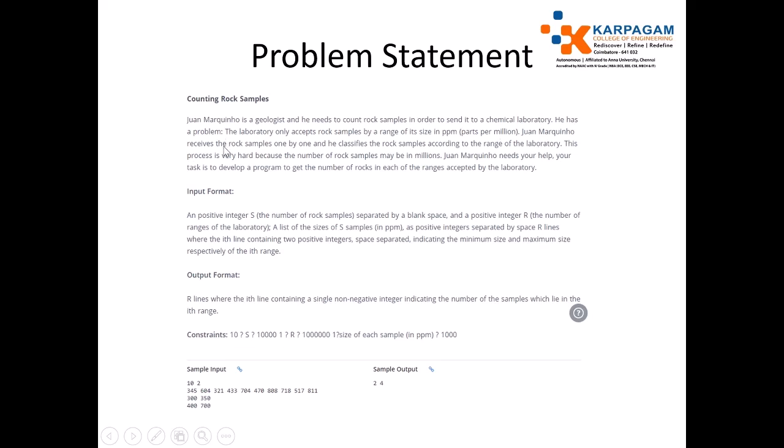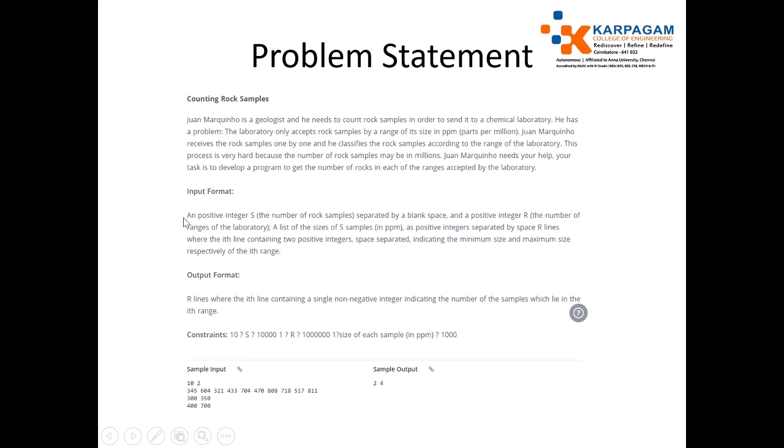Joan receives the rock samples one by one and he classifies the rock samples according to the range of the laboratory. This process is very hard because the number of rock samples may be in millions. Joan needs your help. Your task is to develop a program to get the number of rocks in each of the ranges accepted by the laboratory.